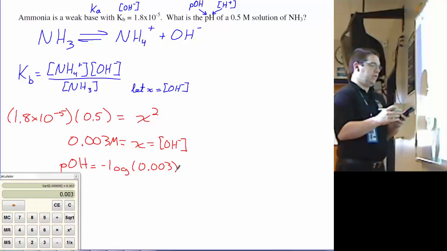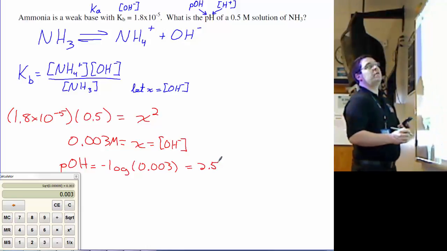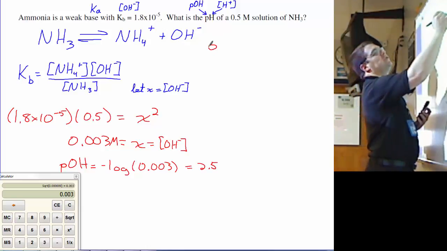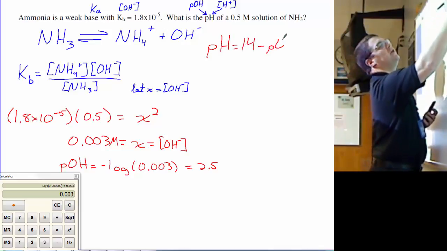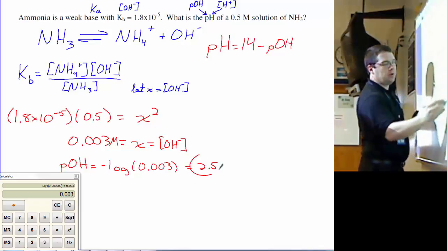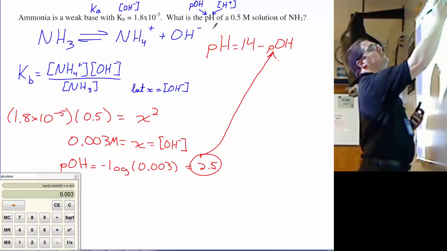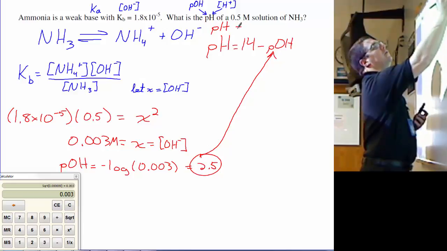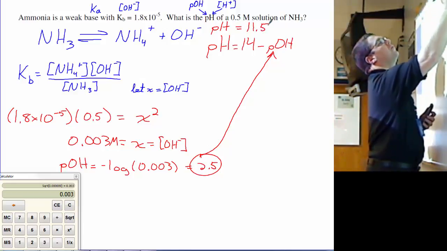And that's going to give us 2.5. But again, that's the pOH. So to get the pH, we're going to take 14 minus the pOH value. So we bring that up and plug it in, and pH is going to come out to be 11.5.